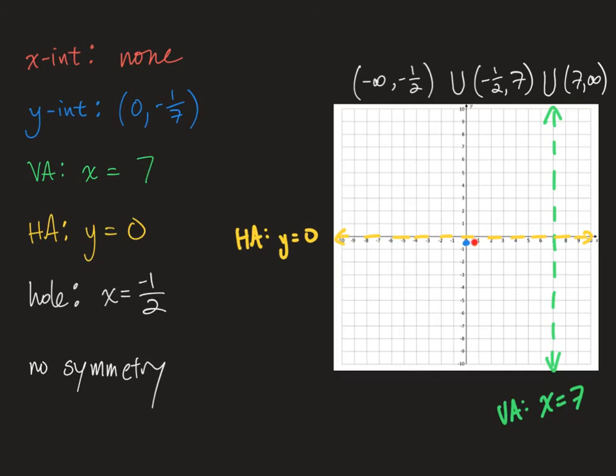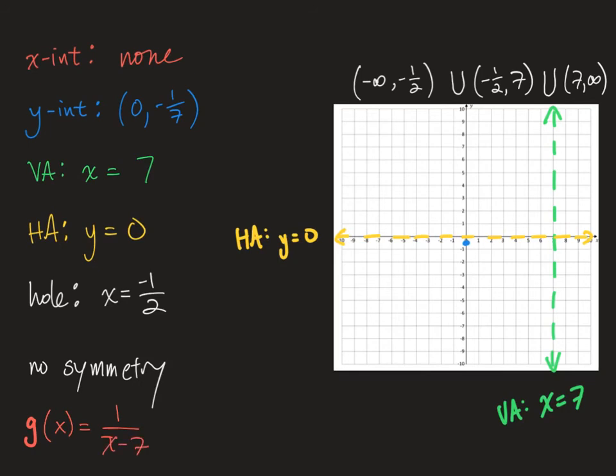So you can see this one is in this interval. We don't have a point over here to the right of 7, and we don't have a point over here to the left of -1/2. So what I want to do is remember the simplified version of this function. Let's say g of x equals 1 over x minus 7.